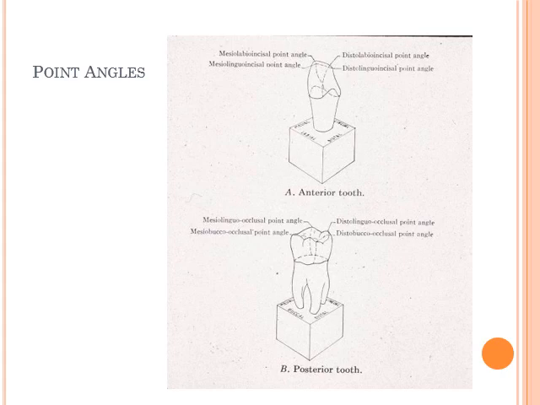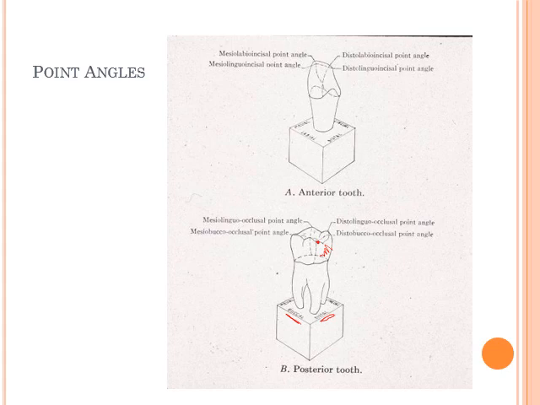So let's just take one of these here and break it down. So again, let's look at a distal surface. So that's this whole surface here on a posterior tooth. And we want to identify, let's say, this point right there. So on a distal surface, we're going to wrap around to the buccal side, or you may also hear facial, but you wouldn't hear labial because you're back further on a posterior tooth.